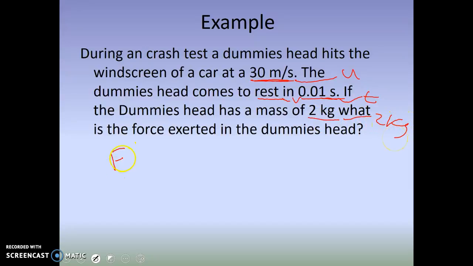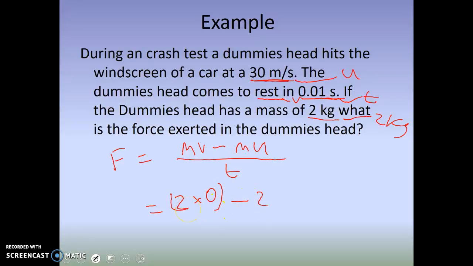The dummy's head has a mass of 2 kilograms, and it asks what is the force. Force is change in momentum, so that's mv minus mu over time. Substituting in, we've got 2 times v, and v was 0, minus, we could put that in brackets, 2 times u, the initial velocity, which is 30, divided by 0.01.